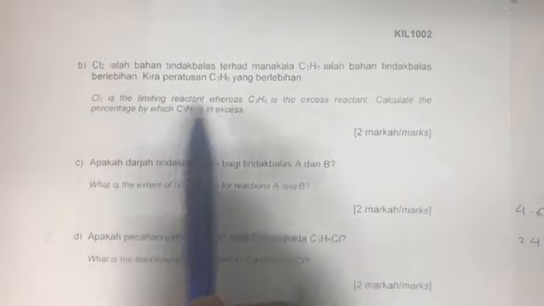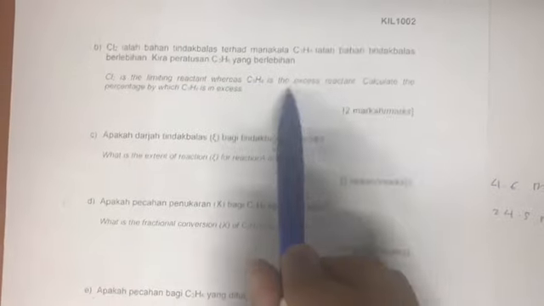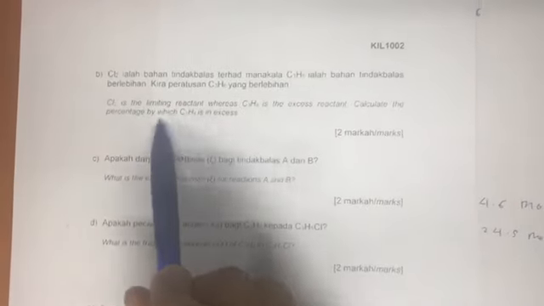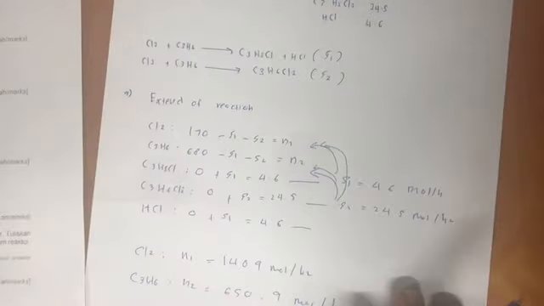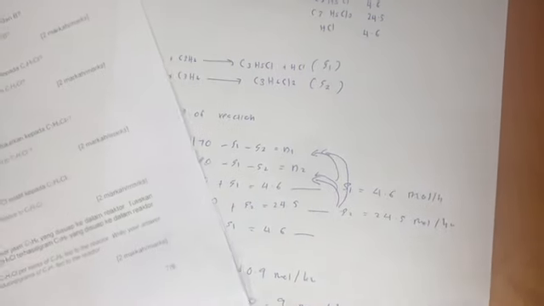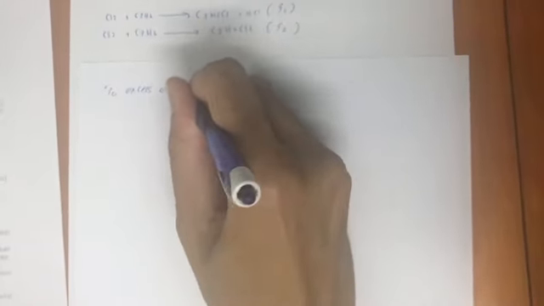Next, move to the second question. Cl2 is the limiting reactant, whereas C3H6 is the excess reactant. Calculate the percentage by which C3H6 is in excess. In this case, we must find the percentage excess of C3H6.